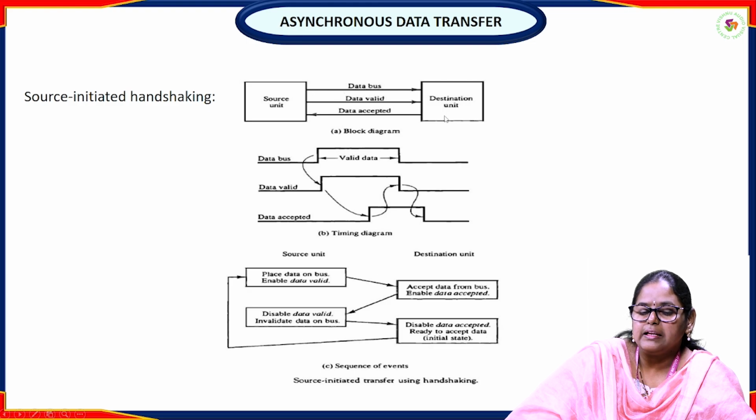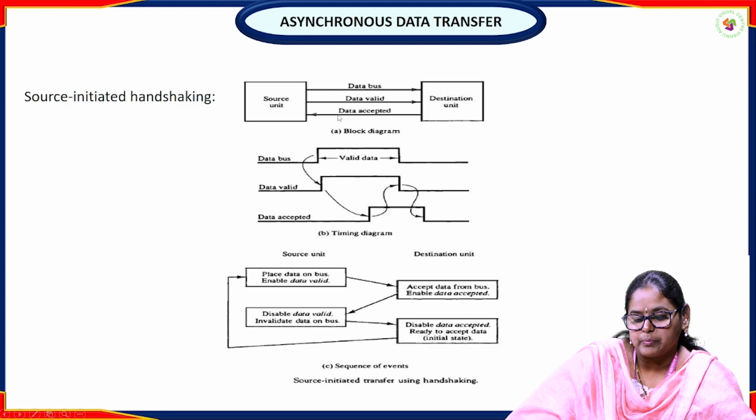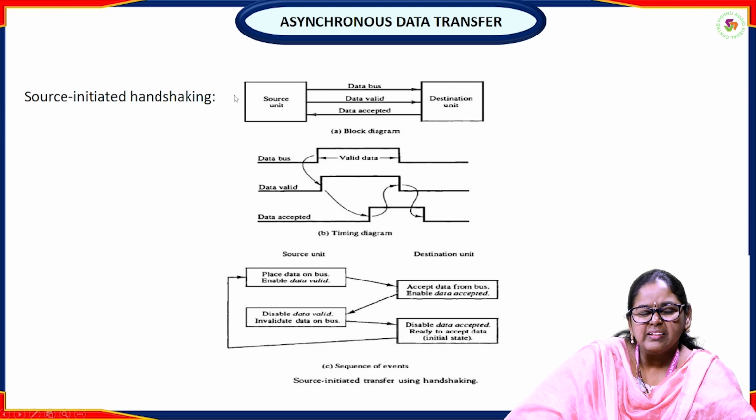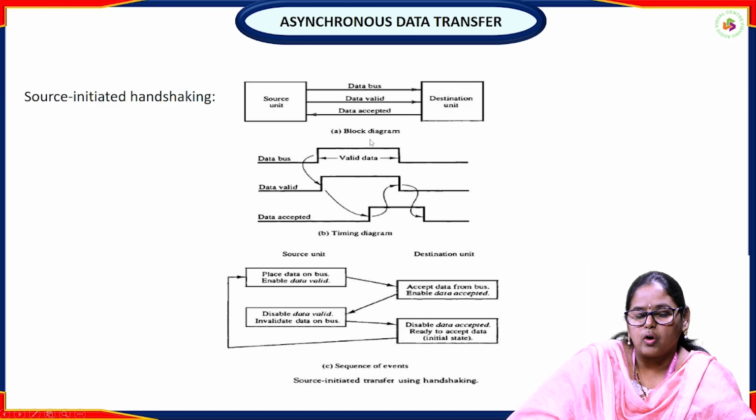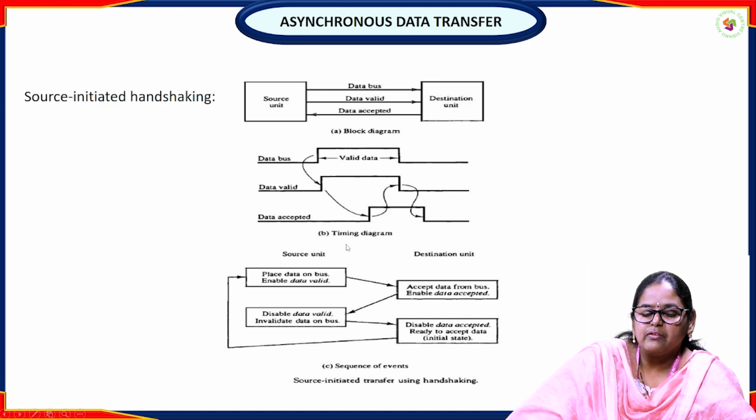And then finally, as the data accepted line is enabled by the destination unit, the destination only disables the data accepted line, so that again both the units will be ready for sending and accepting the next data. So here you can see the representation in the block diagram.